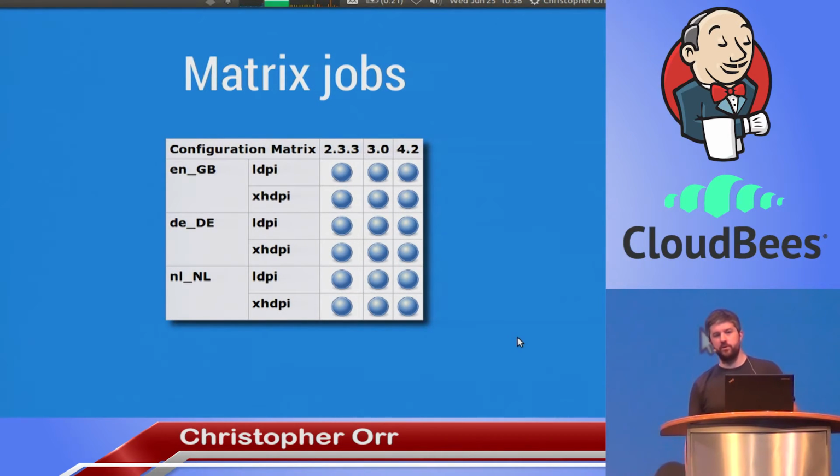Well, we can use the power of the matrix job, or the multi-configuration job, in Jenkins. This lets you run the basic same job configuration, but with some variables. As Android developers, the most important variables to us are Android version, the screen size or screen density that you want to test, and locale, so which languages you're going to support.